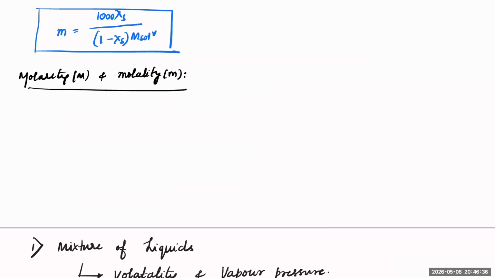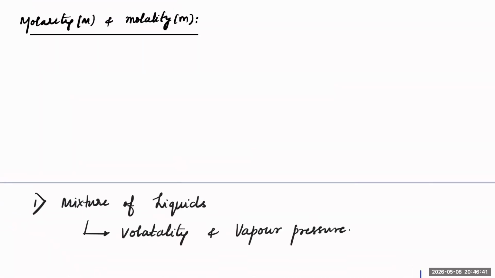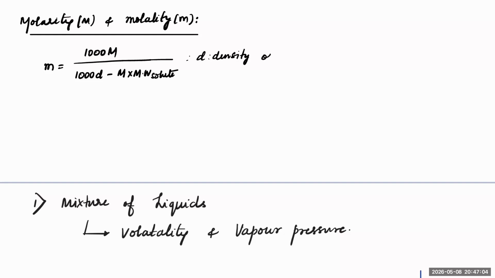Since we already derived this in the mole concept and we use it often as a formula, we can directly take the formula that molality is equal to 1000 times molarity by 1000 times density minus molarity into the molecular weight of solute, where D is the density of the liquid solution.